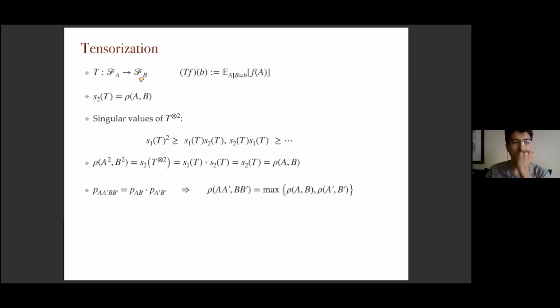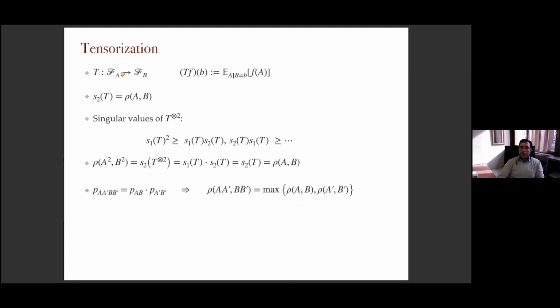So as I said, F of A is the space of functions of A. Okay, so let's say A is binary. It takes values either 0 or 1. To give you a function of A, I should tell you what f of 0 is and f of 1. So by giving two real numbers, I would give you a function f.